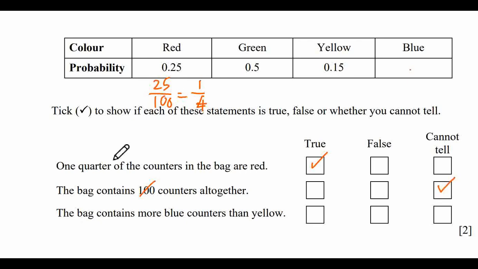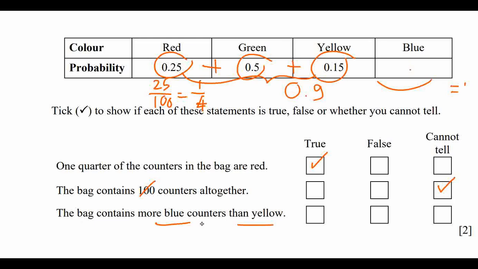The bag contains more blue counters than yellow counters. So let's see the probability of blue. So if this is 0.25, 0.5, 0.15, when we add them all together, we'll get 0.9. So these three will give us 0.9. Plus blue, it has to total up to 1 because the total probability should sum up to 1.